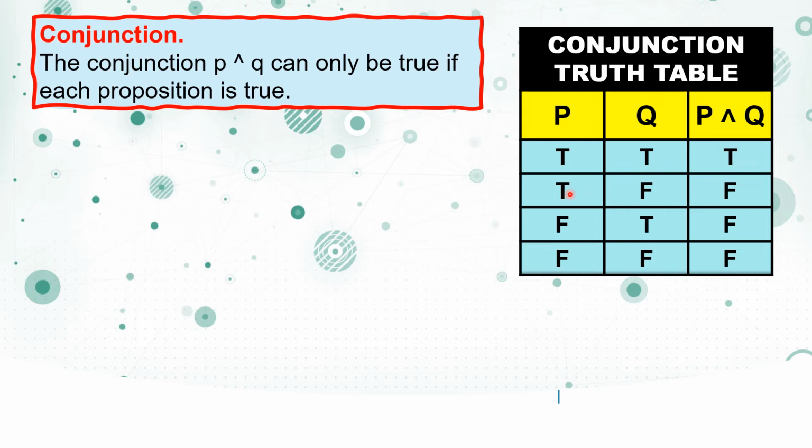Kasi kapag hindi na siya both true, tulad nito, true, false, false, true, false, false, ang conjunction natin ay false. I repeat, magiging true lamang ang ating conjunction kapag both true yung ating proposition.